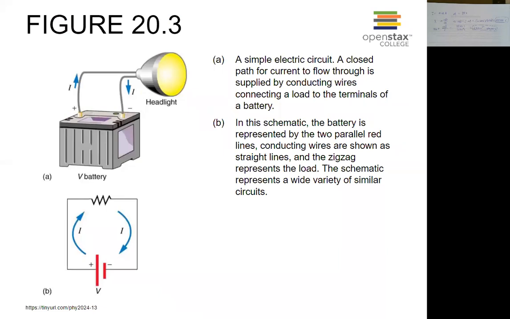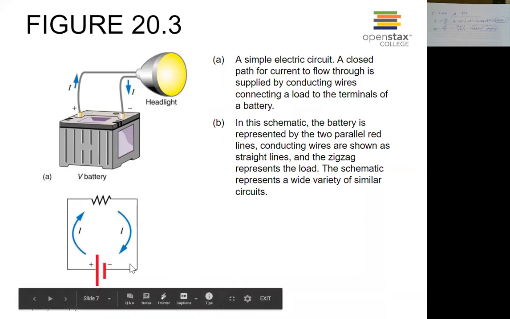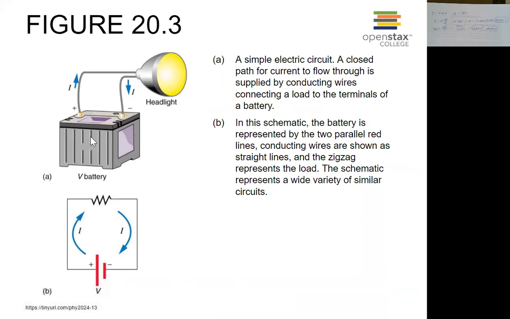From this chapter on, we are going to take a look at some circuits. In reality, this is what it looked like, but when we are doing schematic drawing, you will see something like this. A longer line close to a short line represents the battery, one form of the battery.